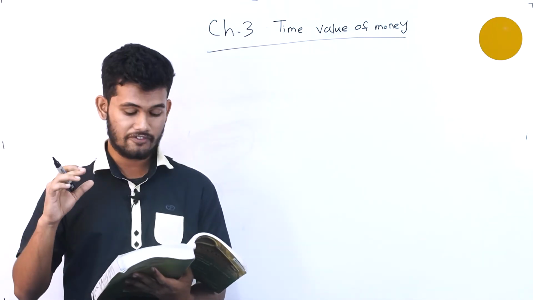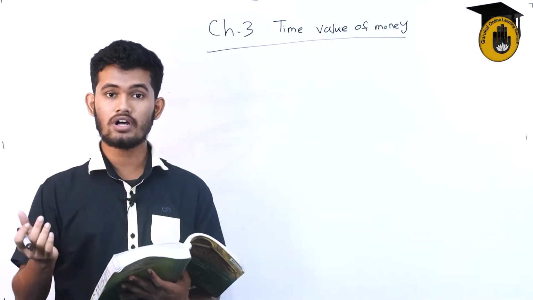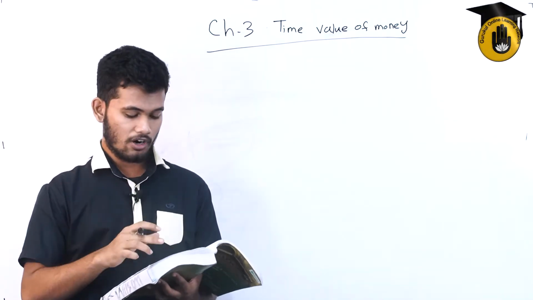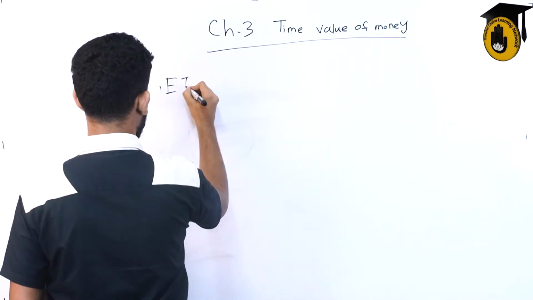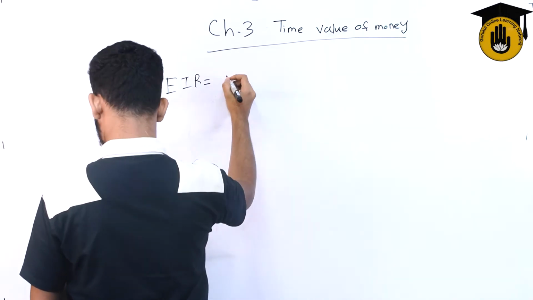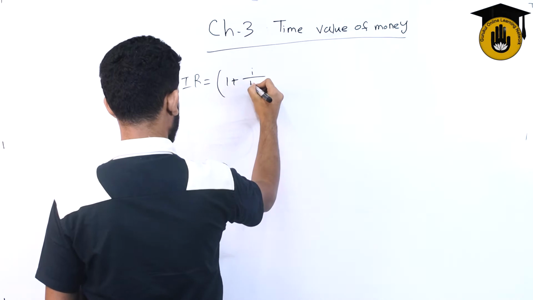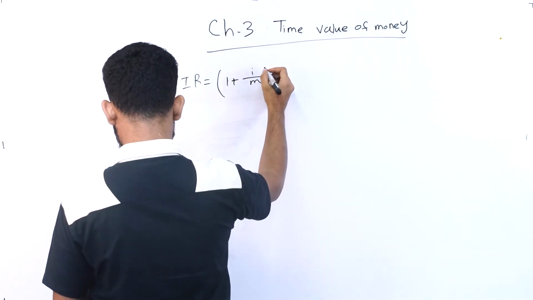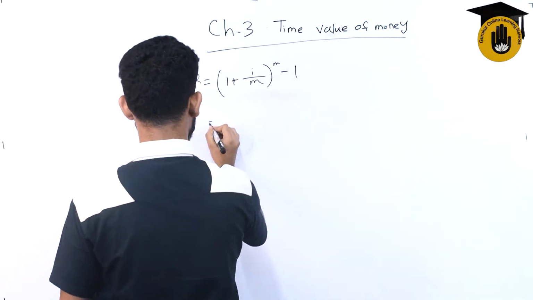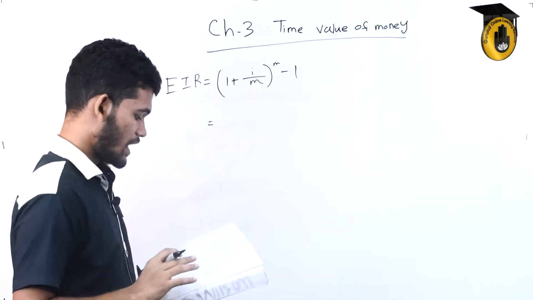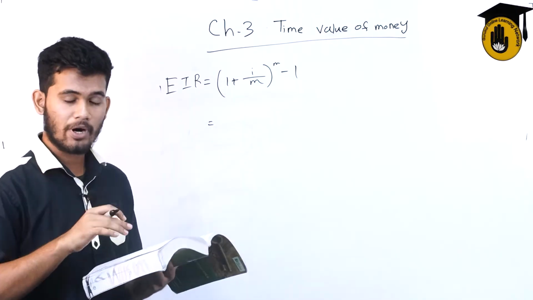EIR is the effective interest rate, or the annual interest rate, or the interest actually paid or earned. So the basic formula of the EIR is 1 plus I divided by M, to the power M, minus 1, where I is the interest rate and M is the number of compounding periods.